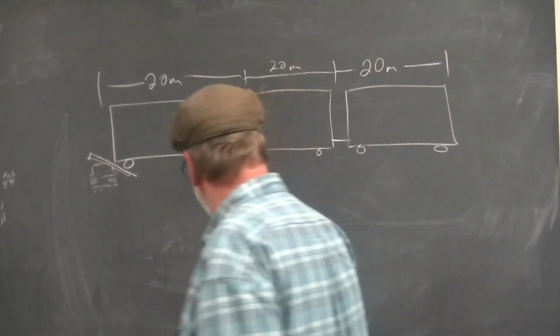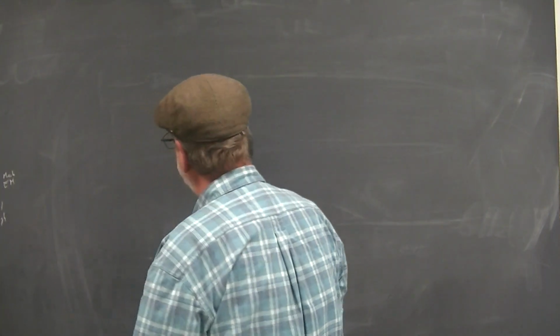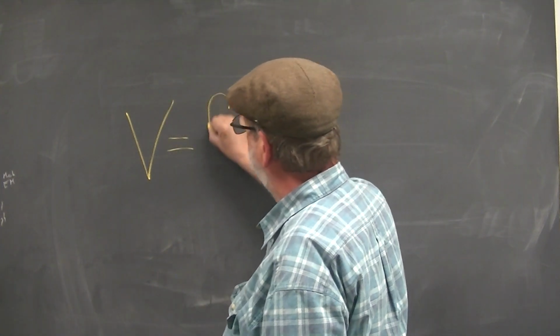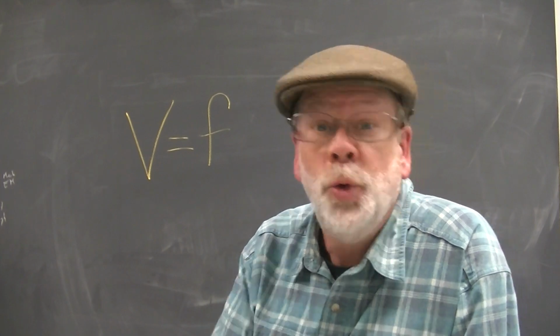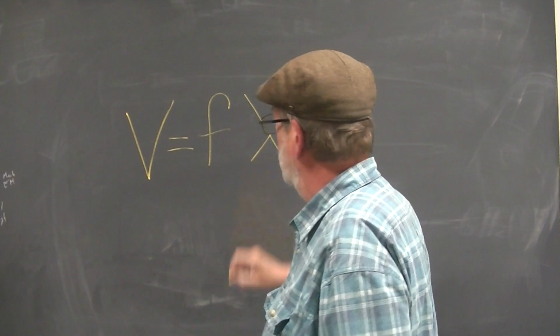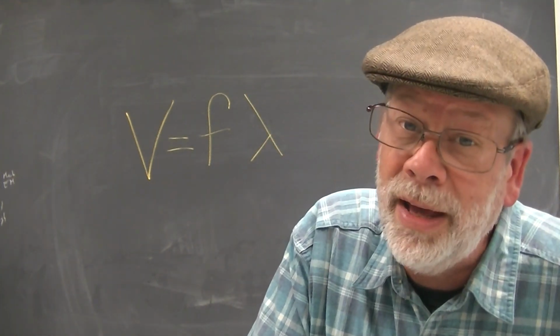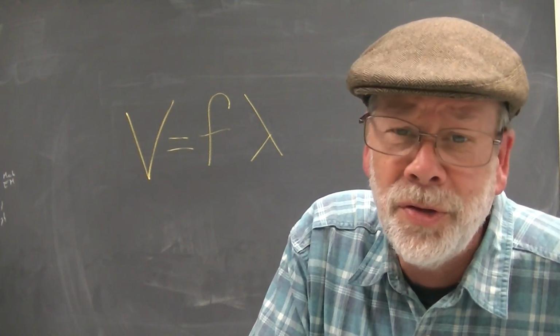The velocity of the train equals the frequency, how many cars have passed you per second, times the size of each car, or if we're talking waves, the wavelength. So V equals F lambda is our very first formula.